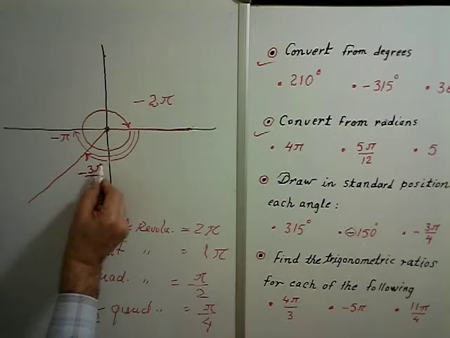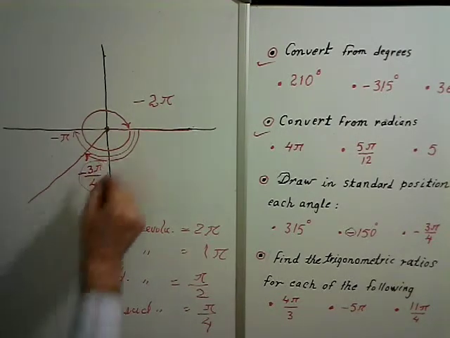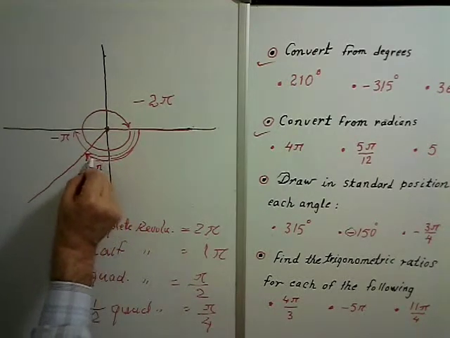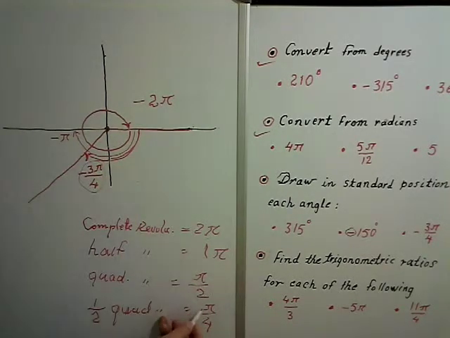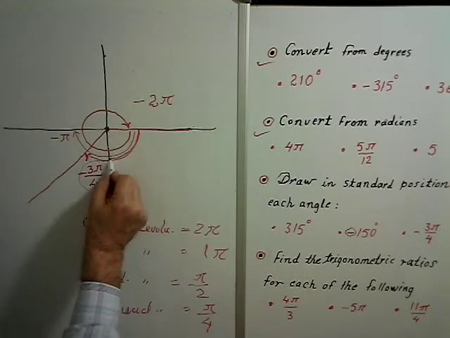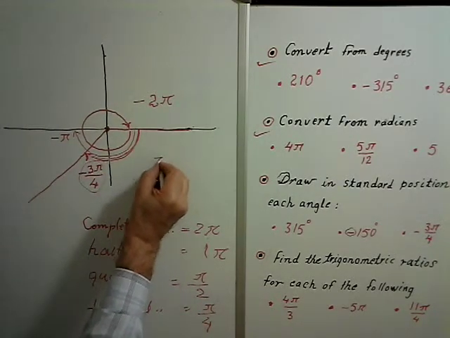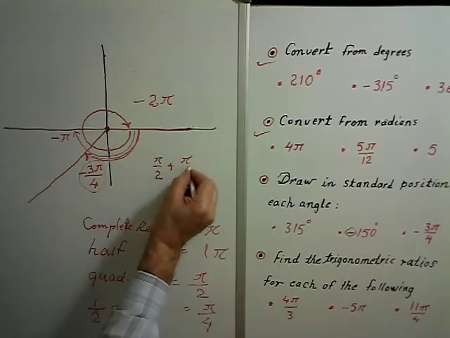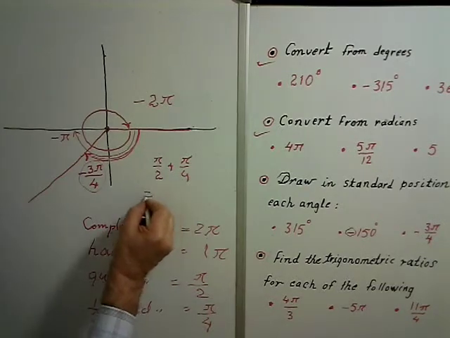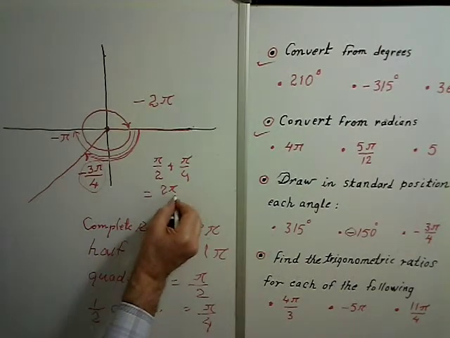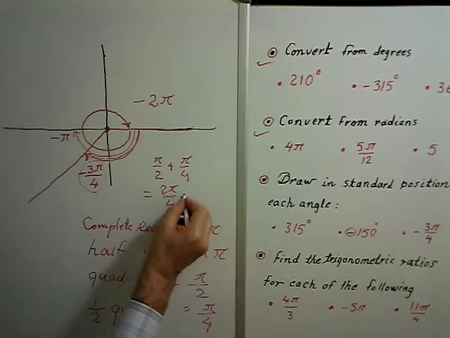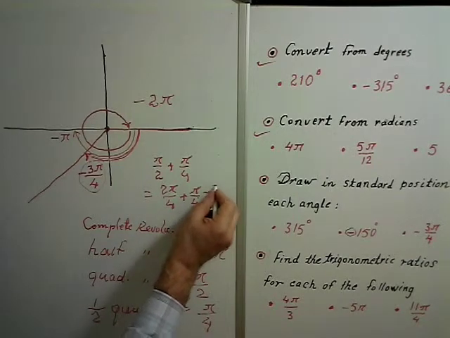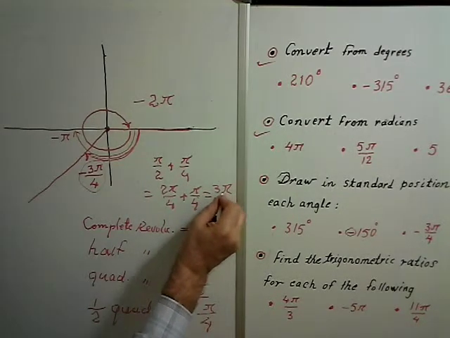That's why here it is negative 3 pi over 4. Here is 1 quadrant, that means pi over 2, and half a quadrant, that means pi over 4. So those two totaled together will be pi over 2 plus pi over 4, that means 2 pi over 4 plus 1 pi over 4, which will be 3 pi over 4.